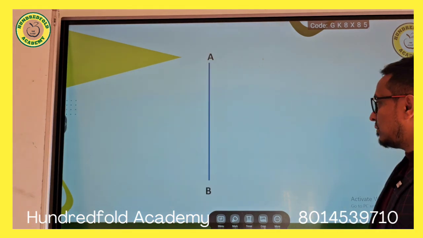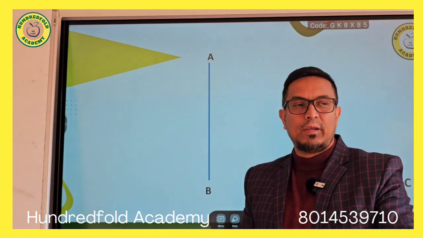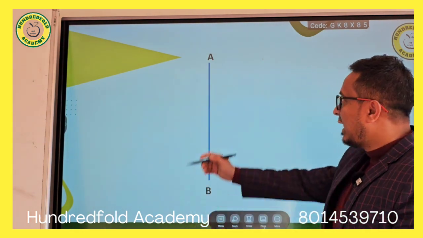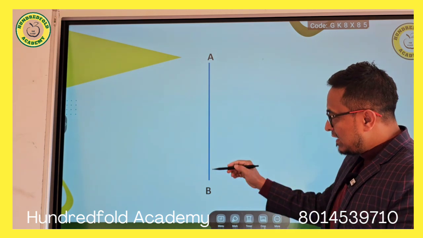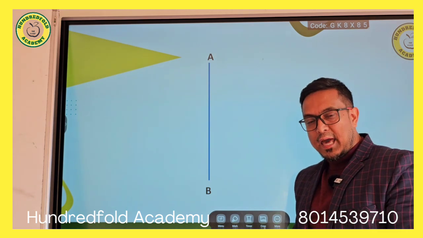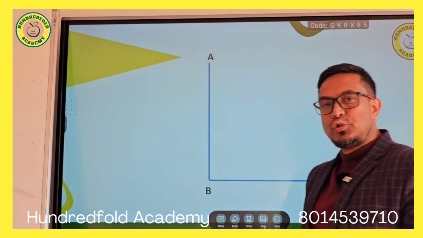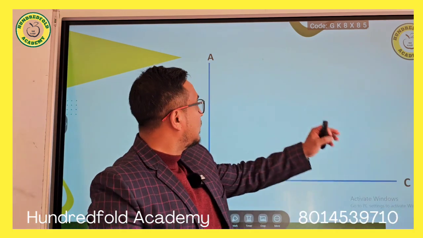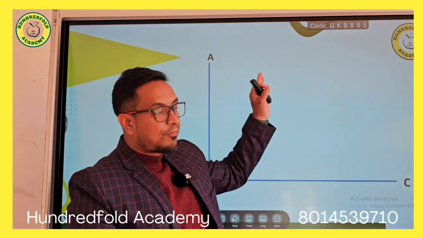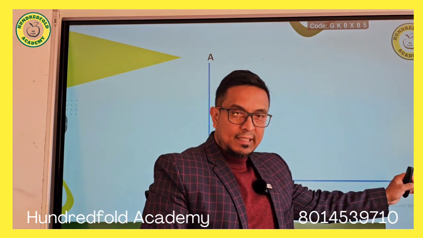All right. So let's say we have to do a little bit of calculation. They say that Mr. X goes from point A to point B, and from point B he turns and goes to point C. And they'll ask you a question, what is the shortest distance from the original point to the ending point?